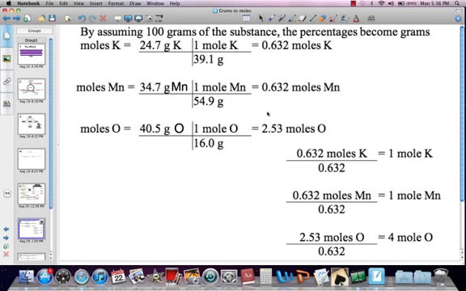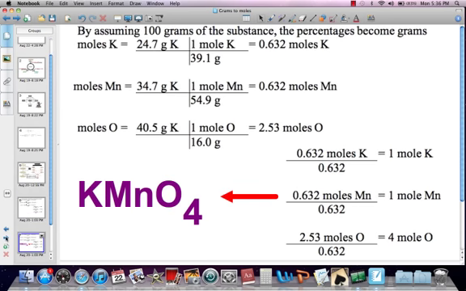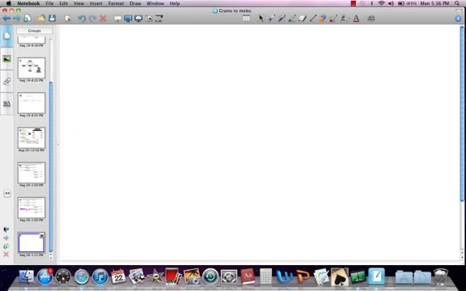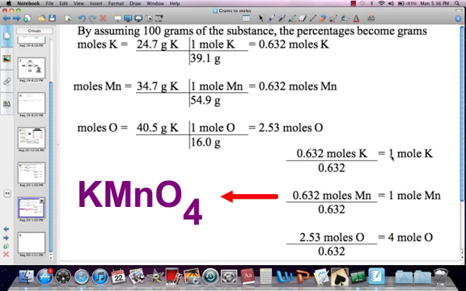At this point, I'm going to divide them all by the smallest number. That's going to get me a 1 to 1 to 4 mole ratio. Like that right there. Okay? If you ever get something like a 1 to 1 to 2.5 ratio, then you're going to have to double everything.